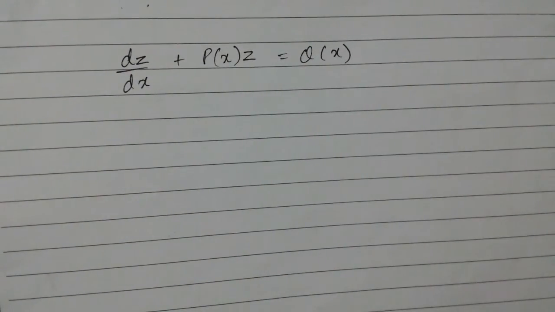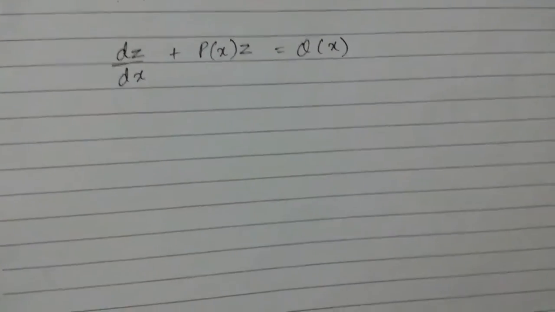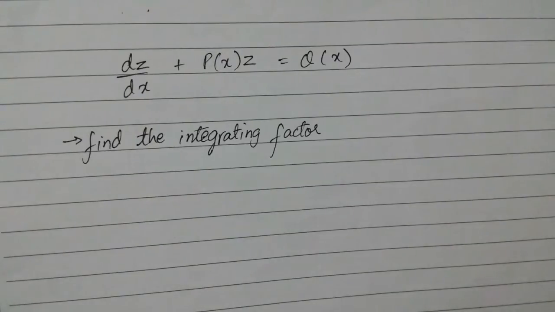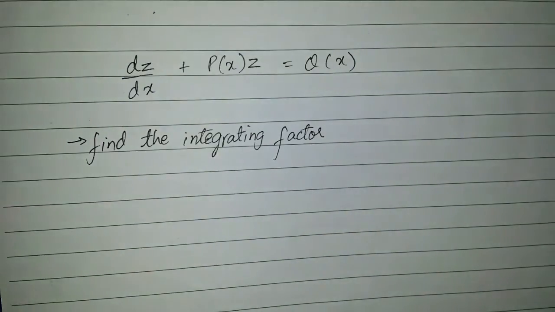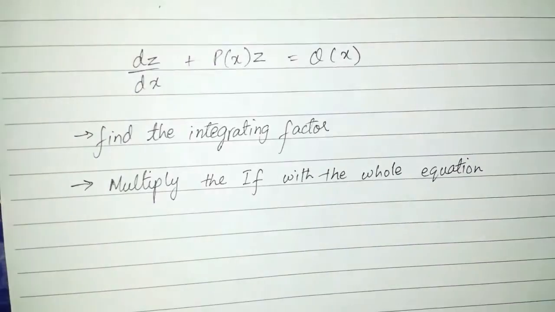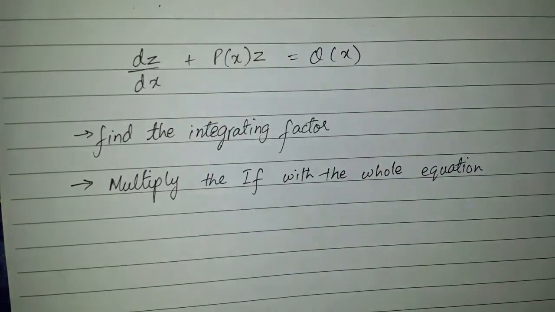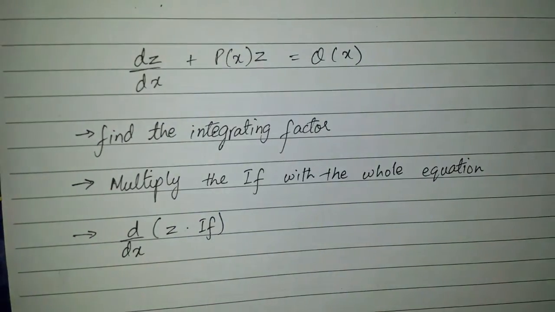Now this equation has become a linear differential equation, and thus to solve it we will find the integrating factor and then multiply it by the whole equation. So the left hand side of the equation can be written in the form d/dx of z times the integrating factor, where z is the dependent variable.